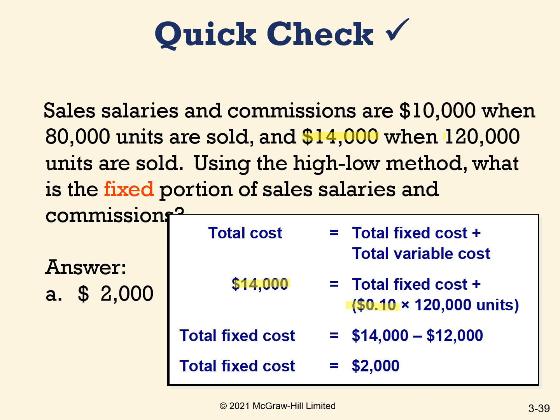We're going to use the 120,000 units from this data point, which comes in here. So we can rearrange our formula to be our total fixed cost is going to equal our $14,000, which came down from there, minus our $12,000, which represents our 10 cents times 120,000 units. And if we subtract those two, our total fixed cost is going to be this $2,000.